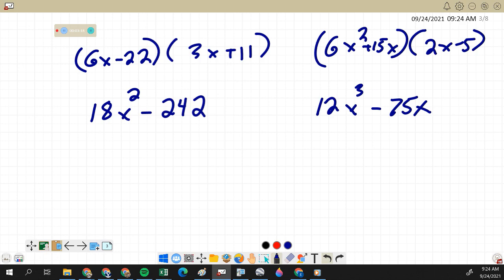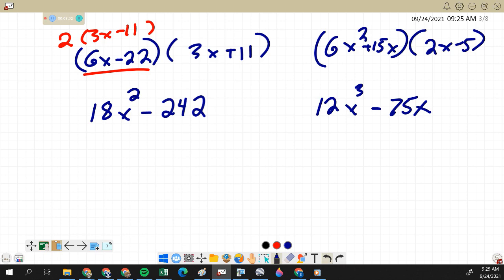So it turns out we really do have conjugates. They're just kind of hiding. Look at this. What do 6x and negative 22 have in common? Not a 3, a 2. Let's pull a 2 out. If we pull a 2 out, I get 2 times 3x minus 11. And there you see the conjugates.